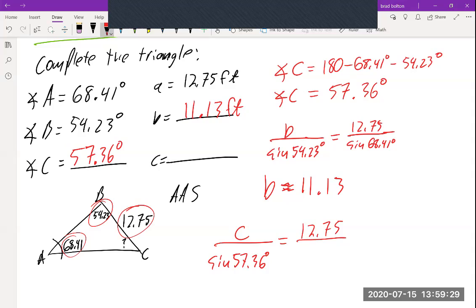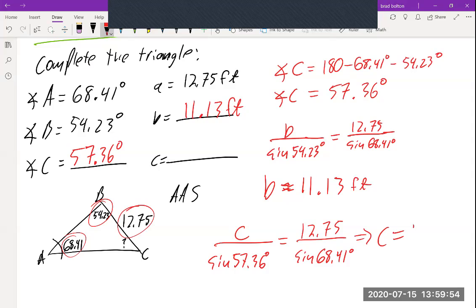So then we're going to say 12.75 divided by the sine of 68.41 degrees. So now this would be C equals, so I'm just going to do 12.75 divided by sine of 68.41. And then it's going to be times the sine of 57.36.